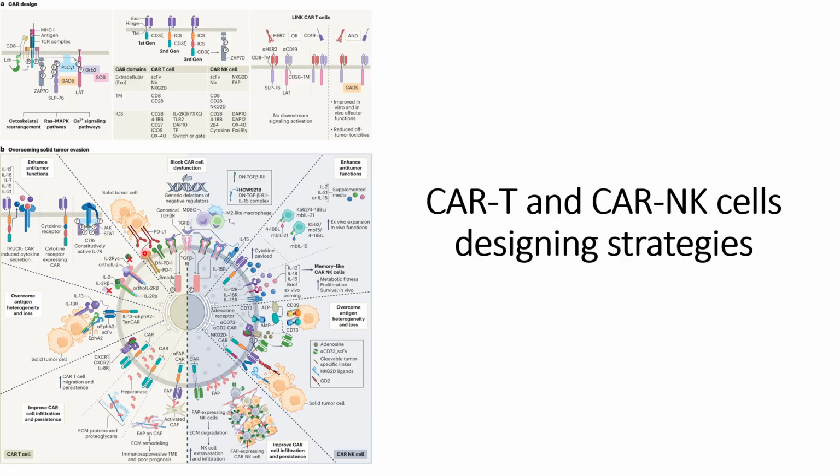Also, the solid tumors usually have the PD-L1 ligand that will interact with the PD-1 receptor to deactivate or suppress the T cell immune response. So in this case, the PD-1 receptors on the immune cells can be modified so that intracellular signaling does not get activated.